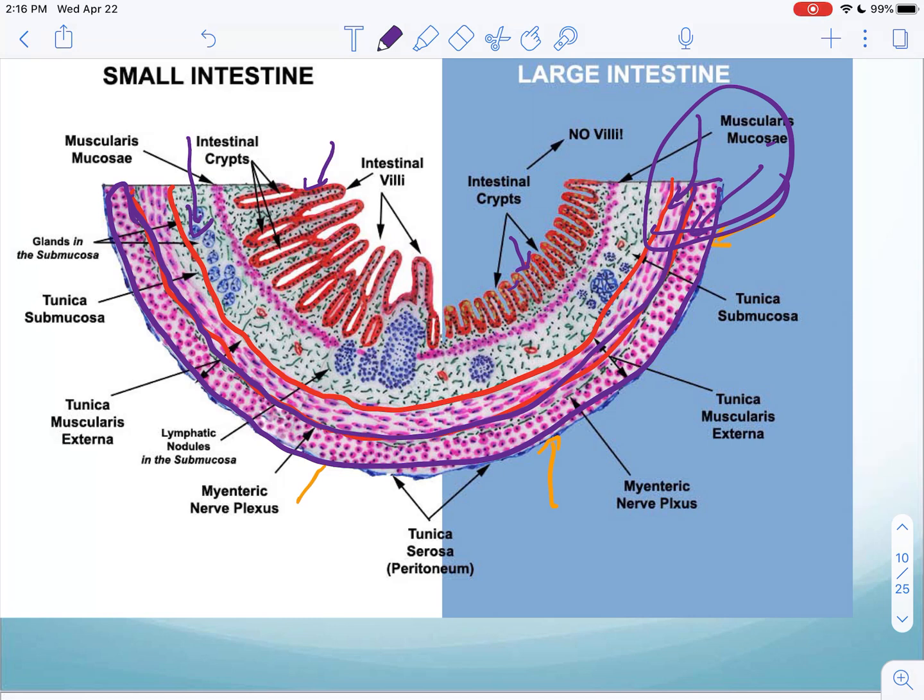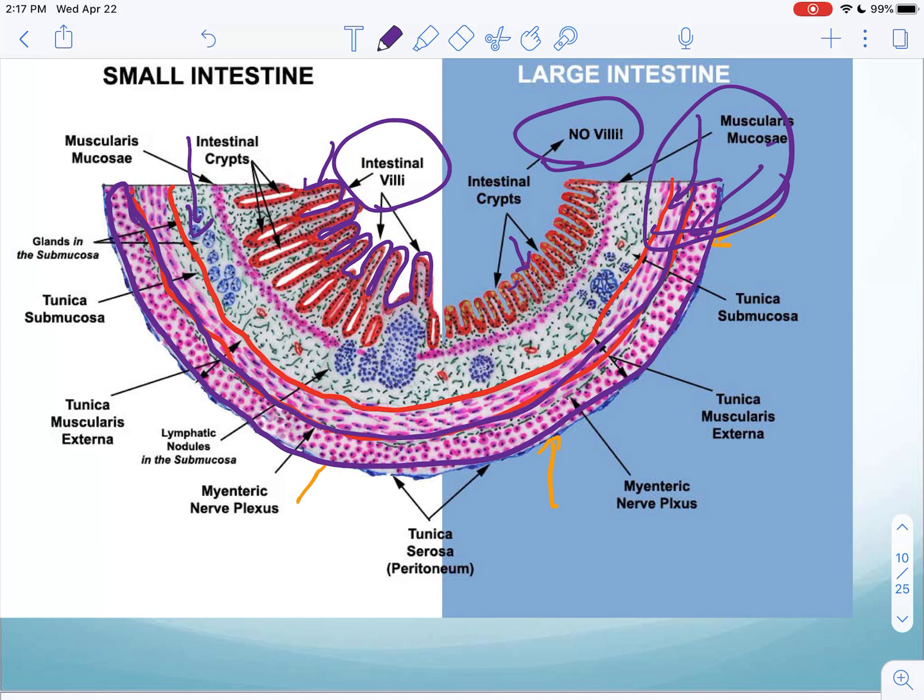Okay. Notice it says in the large intestine, it says no villi, and then in the small intestine, it says intestinal villi. The reason for that is it increases surface area in the small intestine. The small intestine needs those little extra projections here to increase the absorption power of the small intestine, because you're going to break down chemically and physically everything by the time it gets to the beginning of the small intestine.